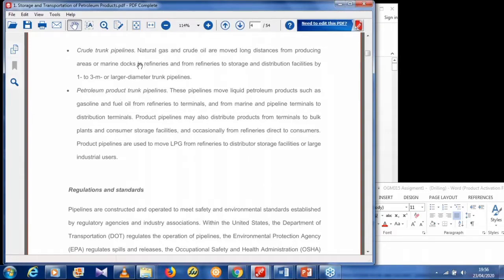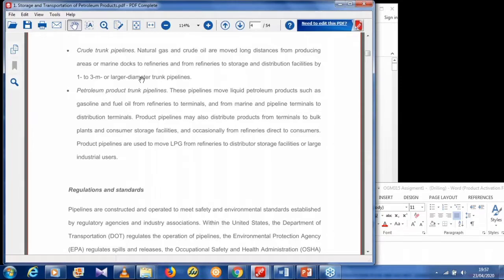The crude oil trunk pipeline is for crude oil and natural gas over long distances, maybe from the refinery to other distribution points. Then the petroleum product trunk pipeline is used specifically for petroleum products such as gasoline or fuel oil from refineries to terminals.